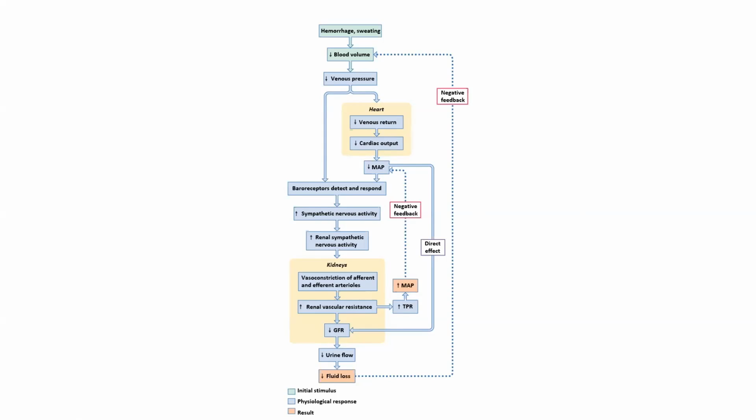And so they're going to result by increasing sympathetic activity in order to help restore this mean arterial pressure. That increased activity has an increased effect on the kidneys by vasoconstricting or clamping down or decreasing the lumen of the afferent arteriole and the efferent arteriole, and that is going to increase the vascular resistance, which is going to decrease the GFR, right?